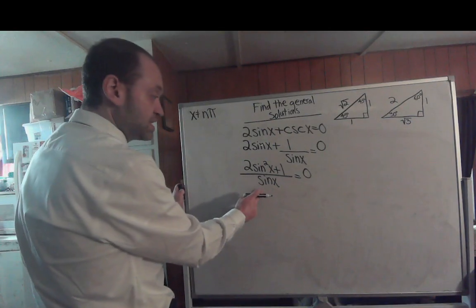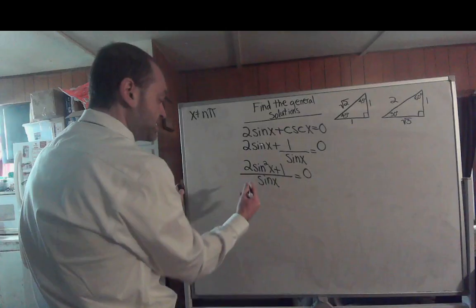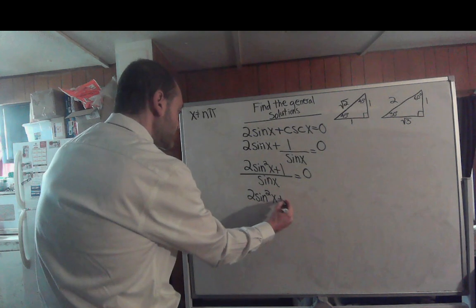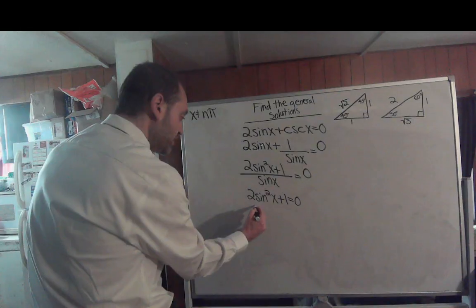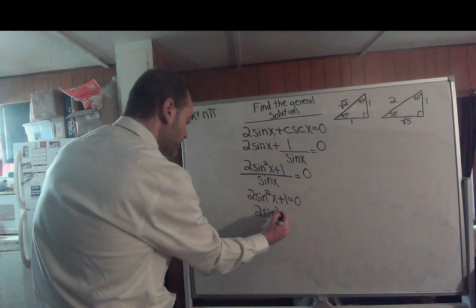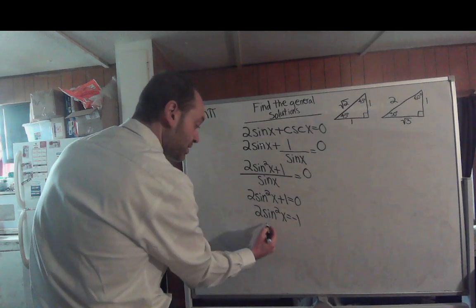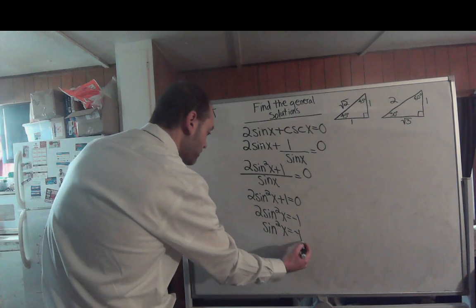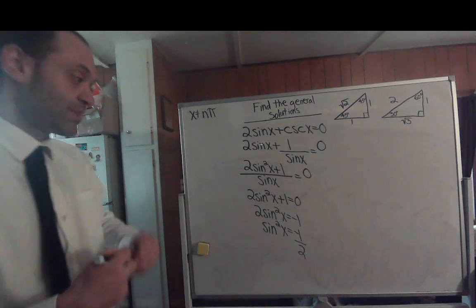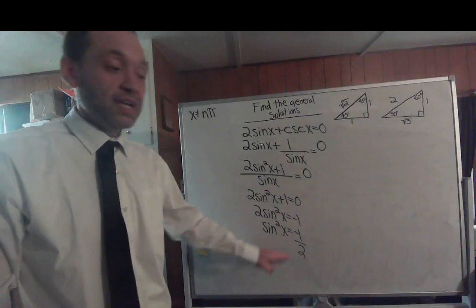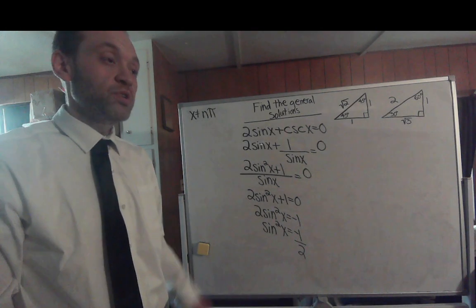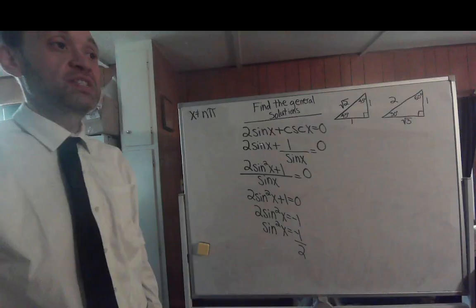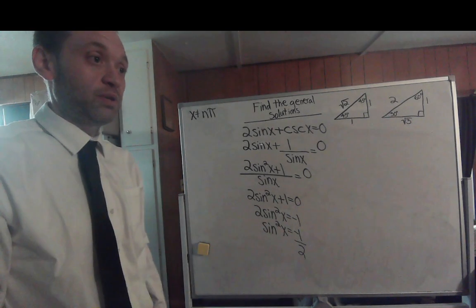Multiply both sides by sine of x, you'll get 2 sine squared of x plus 1 equals 0, which would end up giving you 2 sine squared of x equals negative 1, which would give you the sine squared of x equals negative 1/2. Well, what do you know? You would be taking the square root of a negative number, and dealing with trigonometric values of imaginary numbers is way more abstract, stuff that I'm not even completely familiar with.